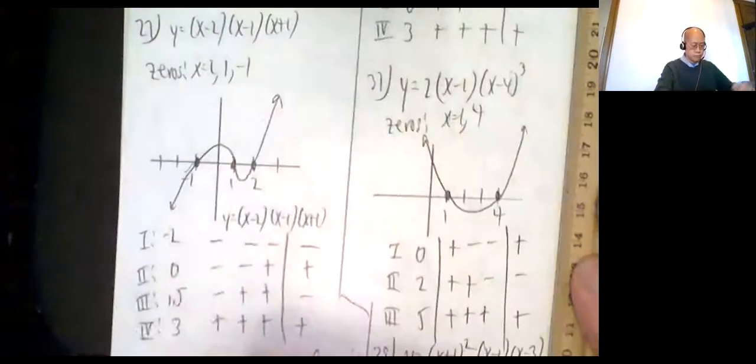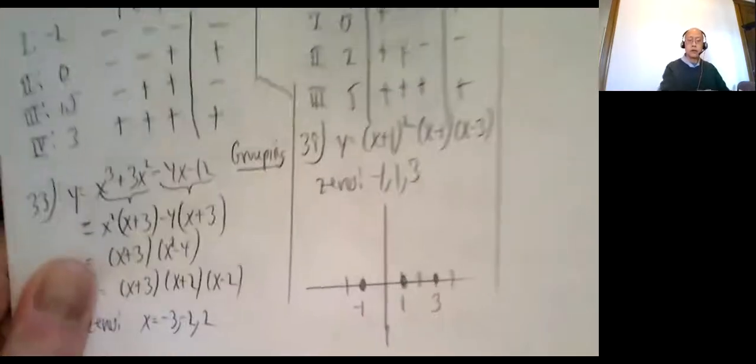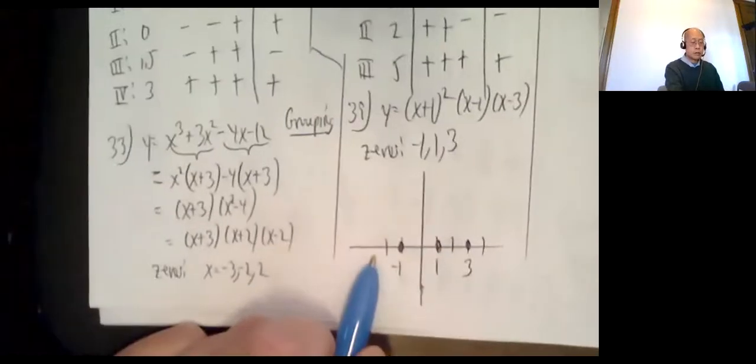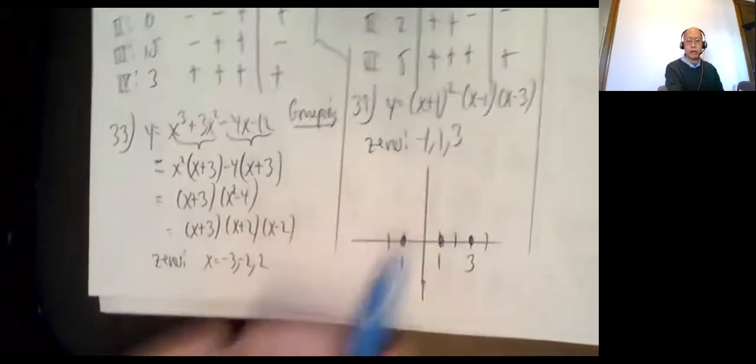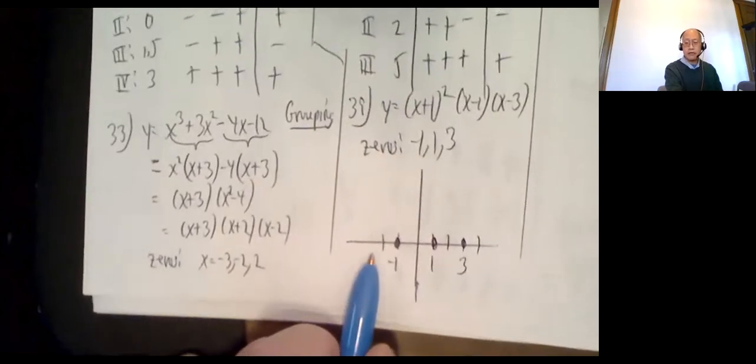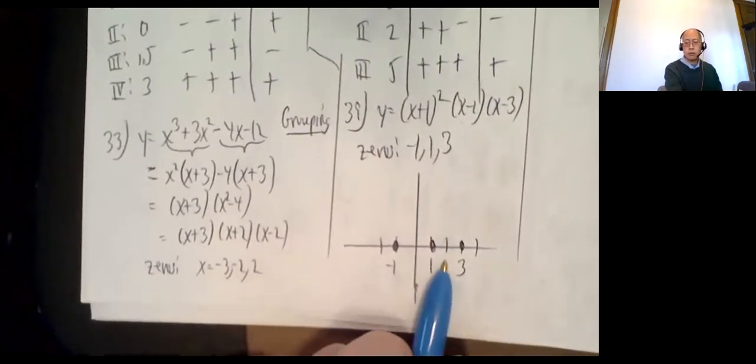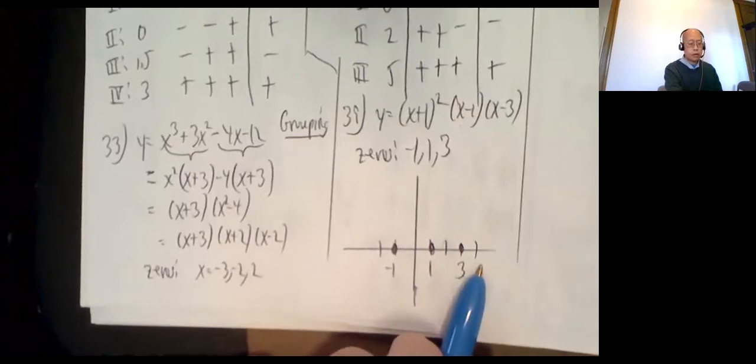Okay, pick something here, here, here, here. And I reached the bottom on my paper. Unfortunately, I got to go back up. But how about, let's see, -2, 0, 2, and 4. Okay.